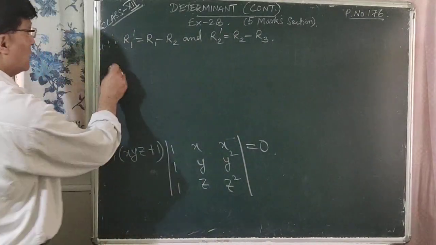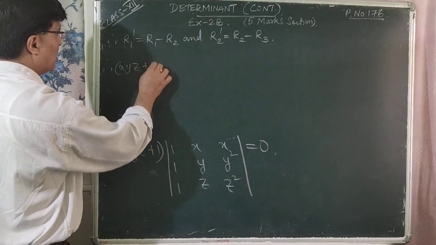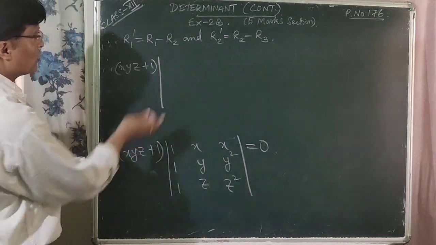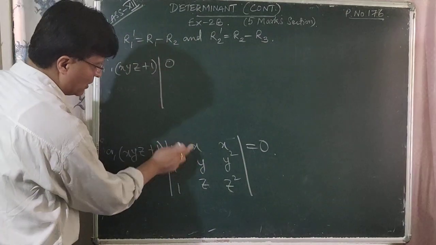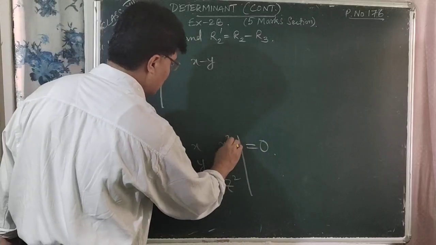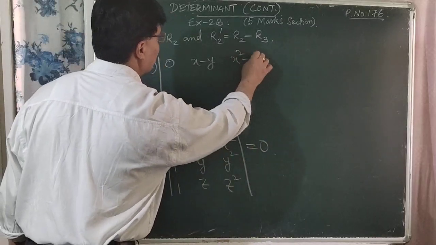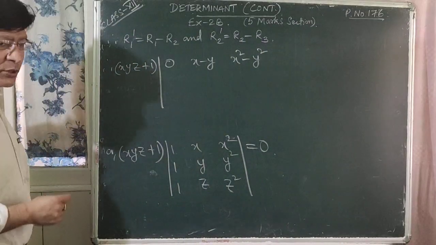Okay. So now therefore xyz plus 1 is common out here. So now R1 minus R2: 1 minus 1, 0, x minus y, then x square minus y square, right? This is the new row 1. What is the new row 2?